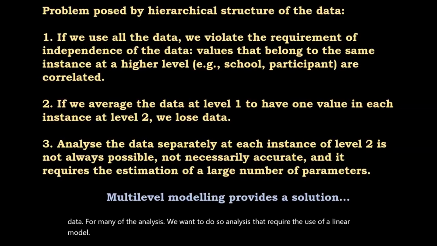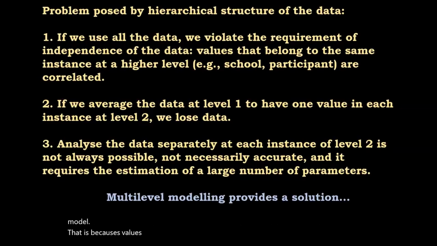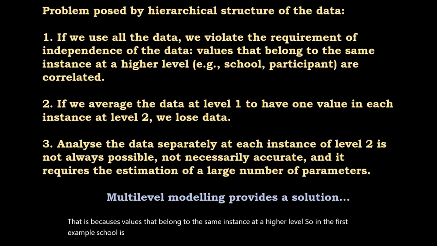That is because values that belong to the same instance at a higher level are correlated. In the first example, school is the instance at the higher level, and in the second case, participant is at level 2.